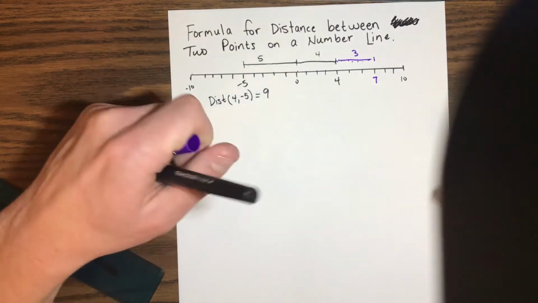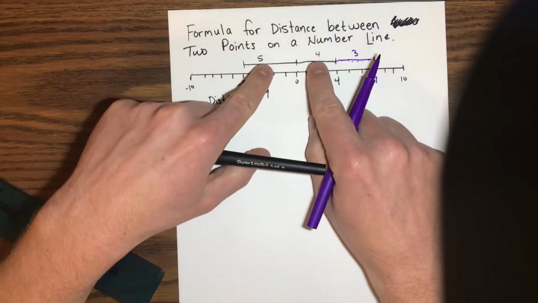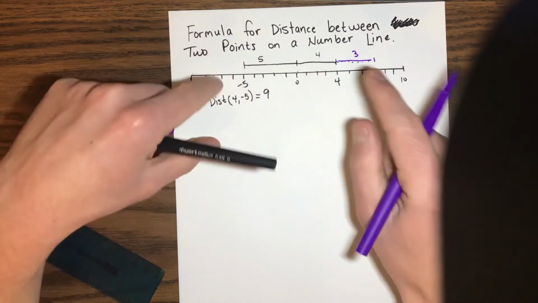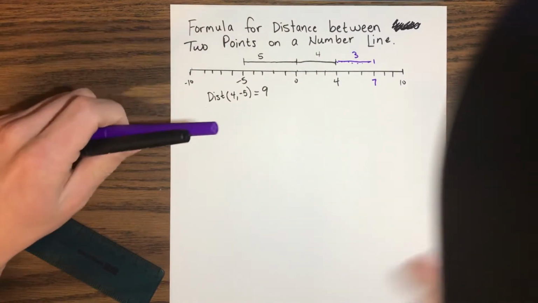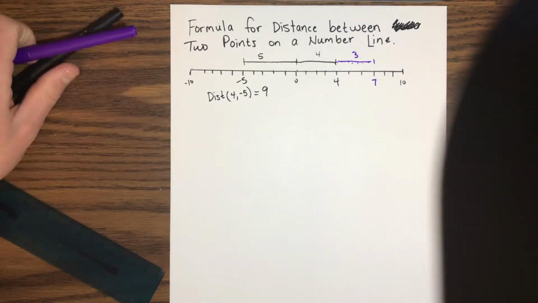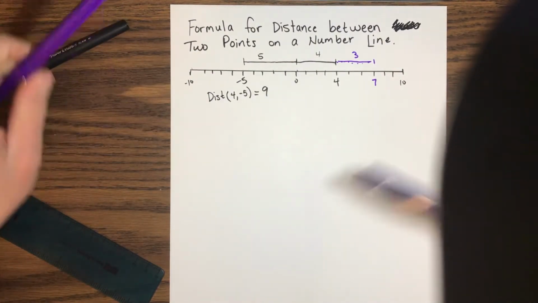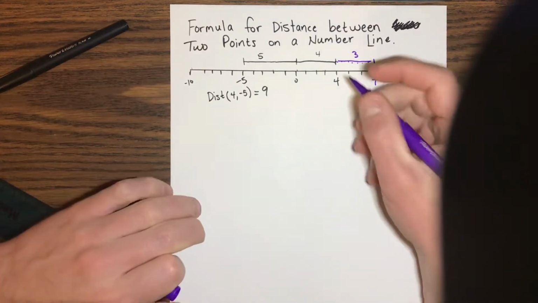So the rule is actually going to be more about subtraction, and we'll talk about how subtraction works even in this weird case where we had a positive and a negative number. And so we're going to go through 3 examples of 3 different cases of using this distance formula. Before we get started, I'll just show you what the distance formula is.